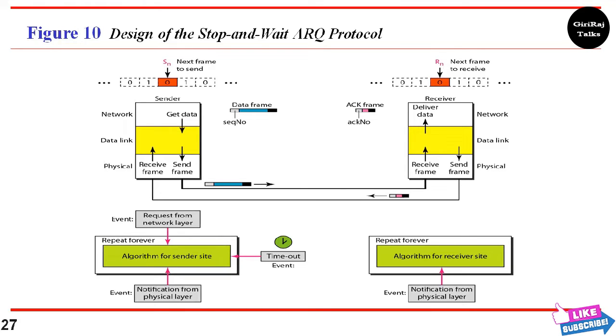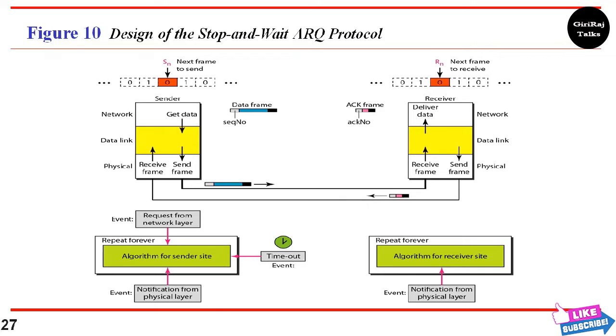When a frame is sent, the value of SN is incremented. Incremented means by modulo 2, which means if it is 0, it becomes 1 and vice versa. When a frame is received, the value of RN is incremented, also by modulo 2 operation, which means if it is 0, it becomes 1 and vice versa. 3 events can happen at the sender side. 1 event can happen at the receiver side.